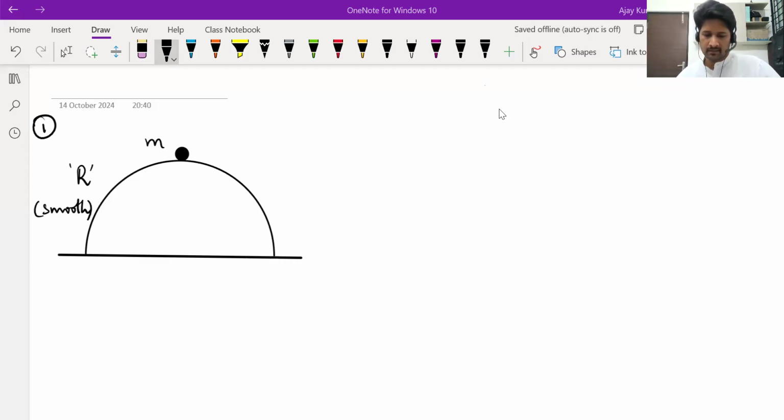So the weight of the body. Weight of the object will act. Weight always acts vertically downward, mg. What else? Normal force. In which direction does normal force act?